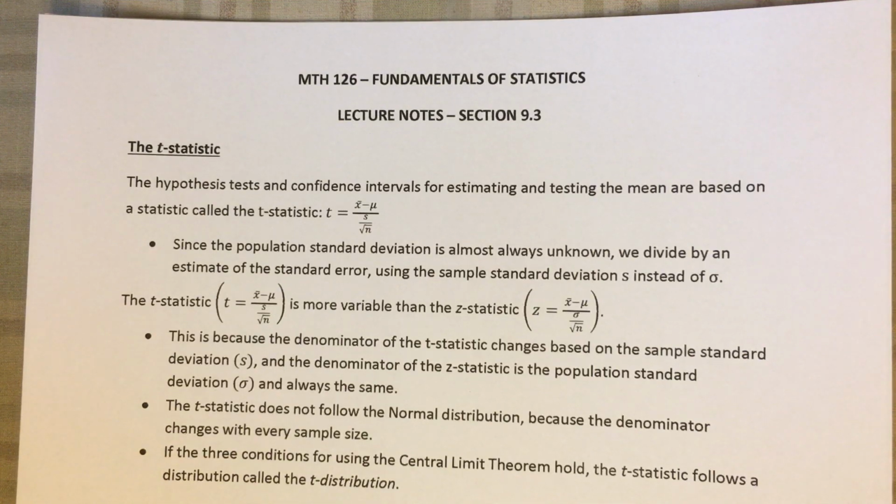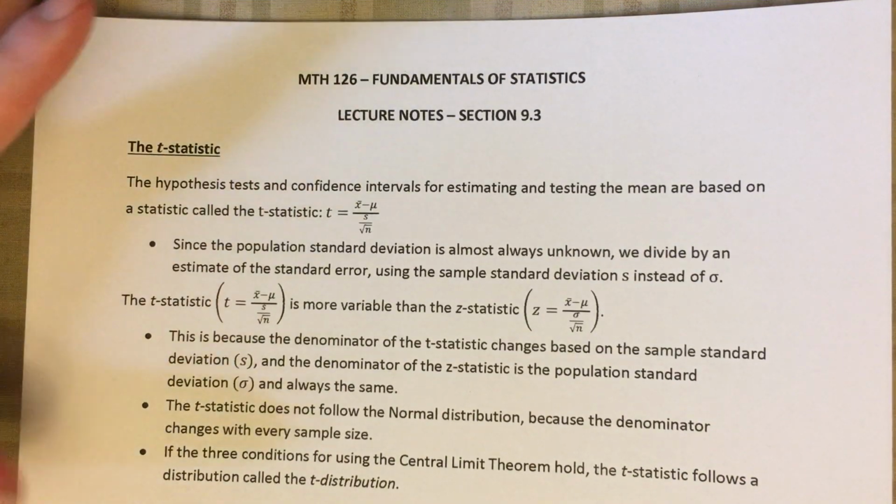Our t statistic is very similar to our z statistic: we take an observed value minus a mean, and divide it by our standard error. But because our standard error changes so much based on our sample size, our t statistic is a little bit more variable than our z. It doesn't follow exactly a normal distribution, but it is close enough that if our conditions hold, we can use a t distribution and the central limit theorem to find these different probabilities, and in turn find our confidence intervals.